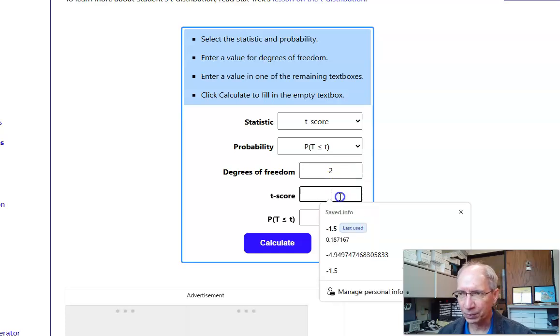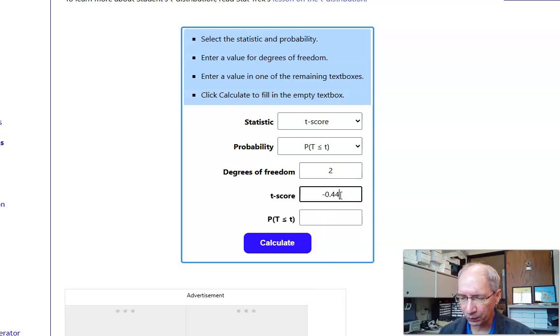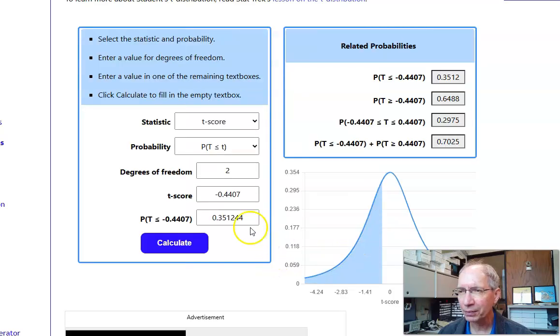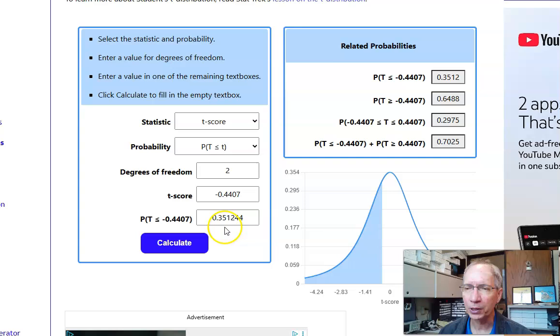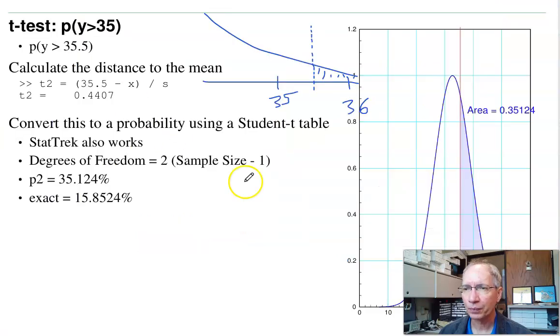Two degrees of freedom. That's 0.4407. Calculate. And poof, there's the answer, 35%. Now it really should be 15%, so I'm a little bit off. Not too surprising that I'm a little bit off. I only have a sample size of 3, but it kind of gives me an idea what the probability is.